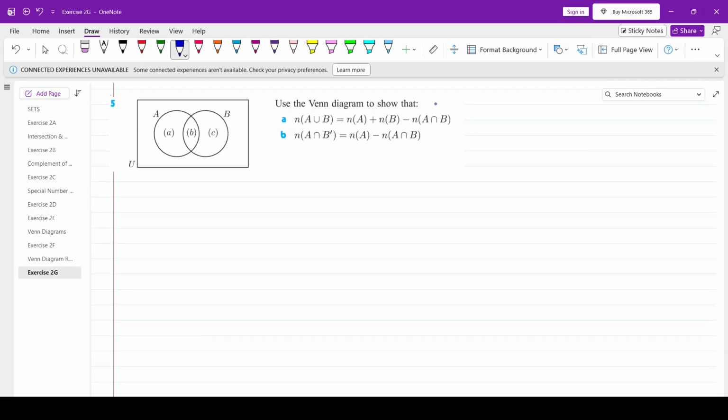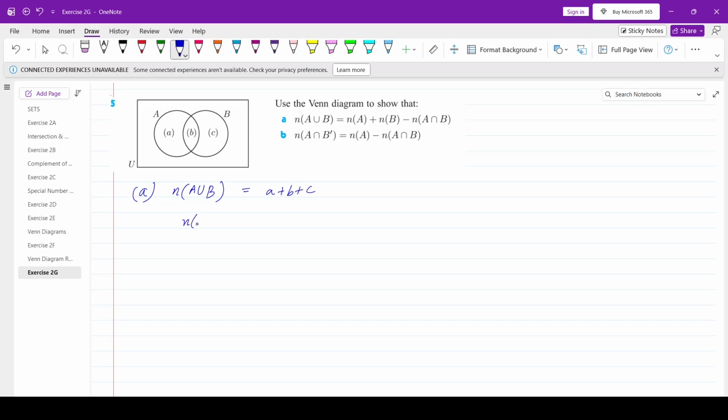Use the Venn diagram to show that the number of terms in A union B is equal to the number of terms in A plus the number of terms in B minus the number of terms in A intersection B. So let's first take the number of elements in A union B. From the Venn diagram, we can say the number of elements in A union B is going to be a plus b plus c.